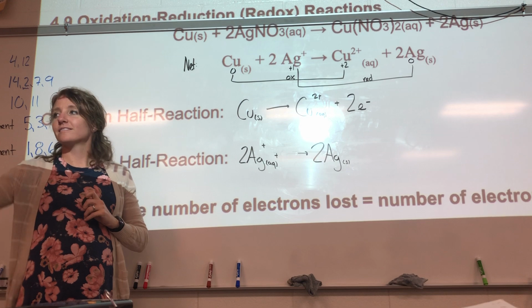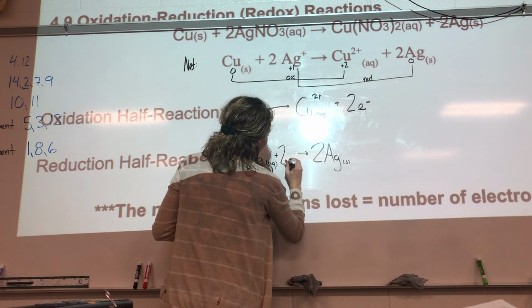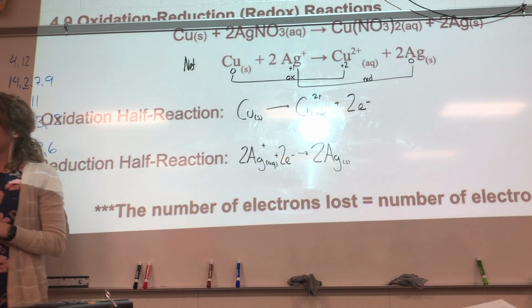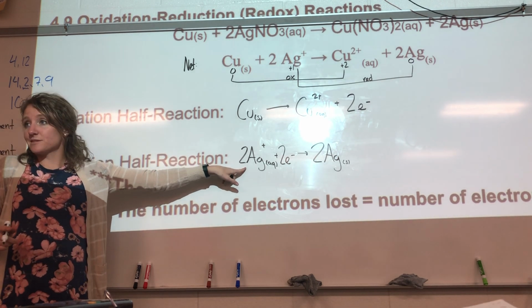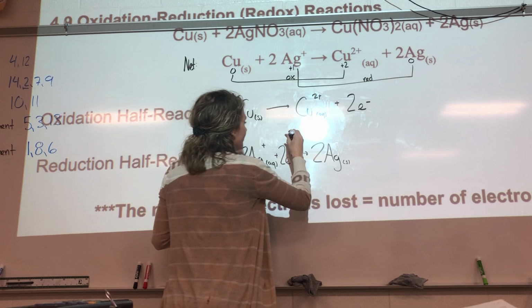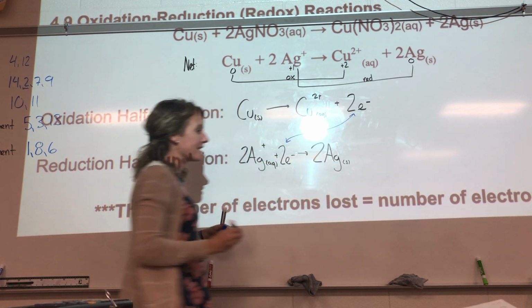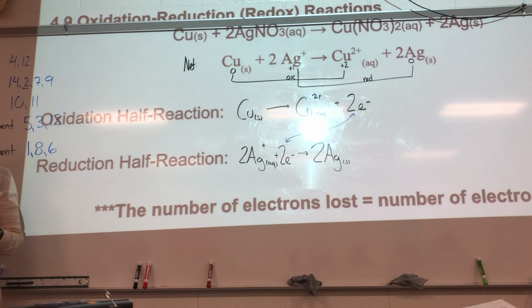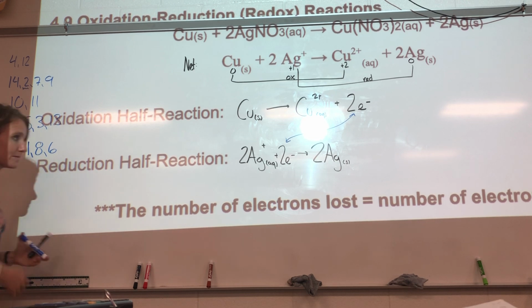No, you were right, Macy. It is 2, because there's 2 silver atoms. Now, this is key to oxidation and reduction. The number of electrons lost has to equal the number of electrons gained. Unless you're some magician who can just make electrons appear, it doesn't work, right? They have to balance out, okay?